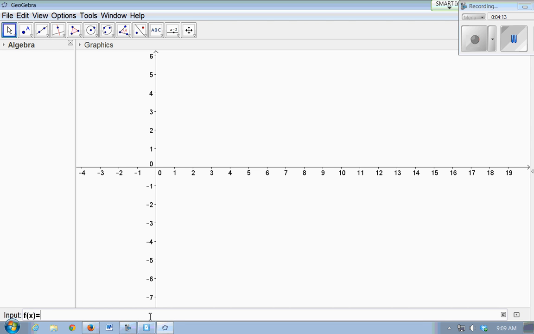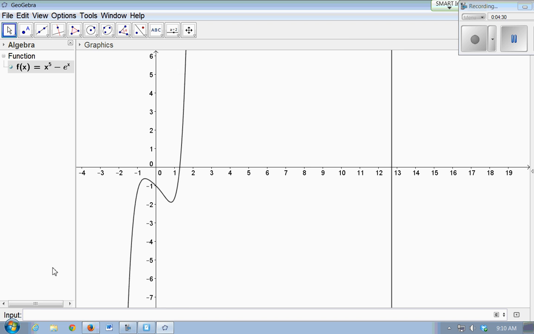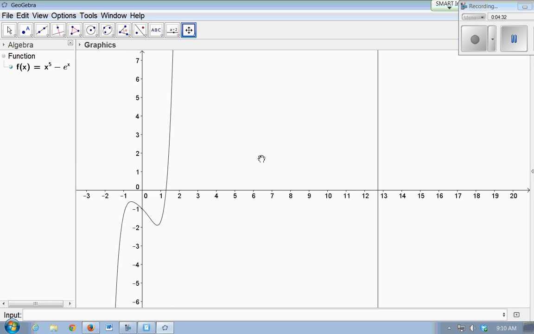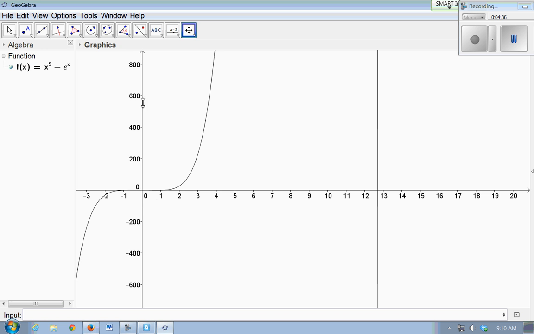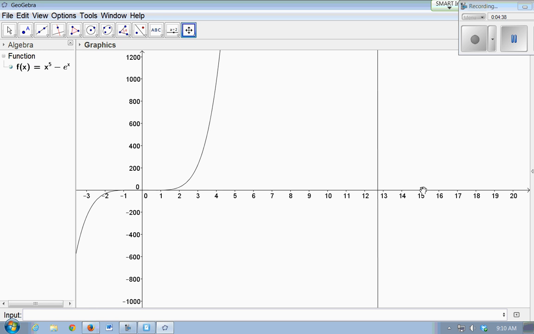Okay, so I've got f of x equals x to the 5th minus e to the x. So just like in your graphing calculator, the little caret gives you the exponent in GeoGebra. So x to the 5th minus e to the x, and we graph it. And then we can play with the scale so we can see what happens as x goes to negative infinity.